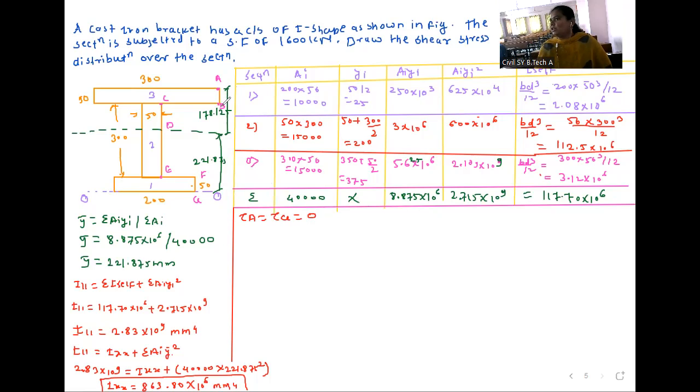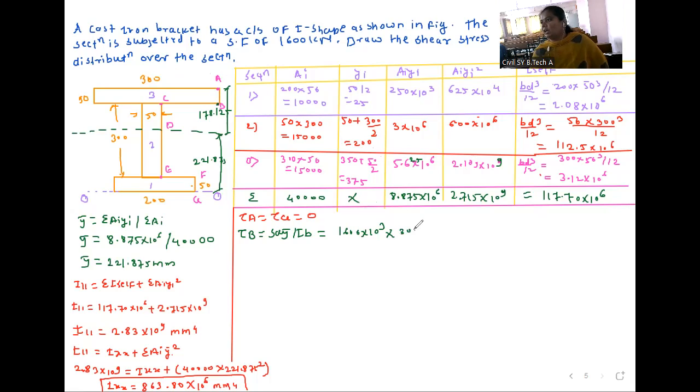After that we will calculate shear stress at B. So tau B is equal to S A y bar divided by I b. We will write below. S is the shear force given, 1600 into 10 raised to 3, into area. We are calculating at B, that means above this B point we will consider area. So 300 multiplied by 50.